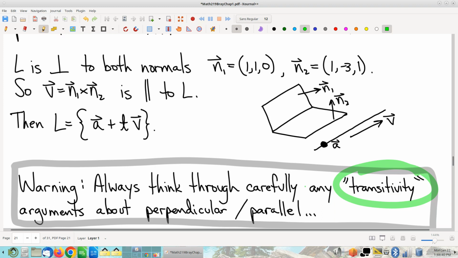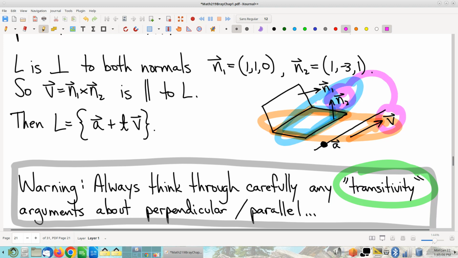So specifically, I argued that because this vector is parallel to this plane, and the plane is perpendicular to the normal vector, it must follow that the vector must be perpendicular to that normal vector, right? So this is a transitivity in the sense that orange connects to blue, and then I should just be able to go straight from there to there.